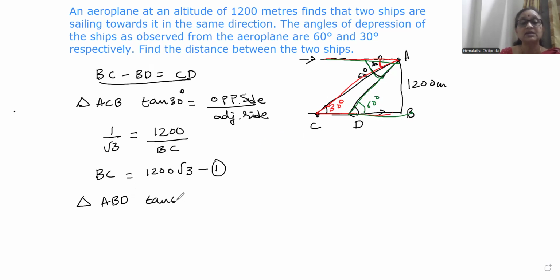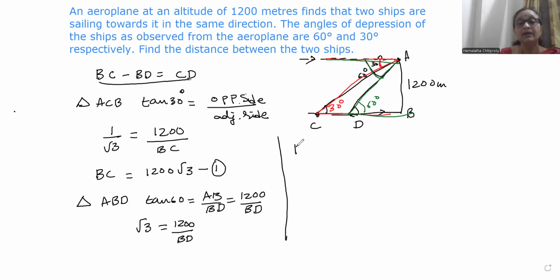So tan 60 degrees is equal to opposite side by adjacent side, that is AB by BD. AB is equal to 1200 and we don't know BD, keep it as it is. Tan 60 value is root 3. Root 3 is equal to 1200 by BD. Now BD is equal to 1200 by root 3. This is our equation 2.